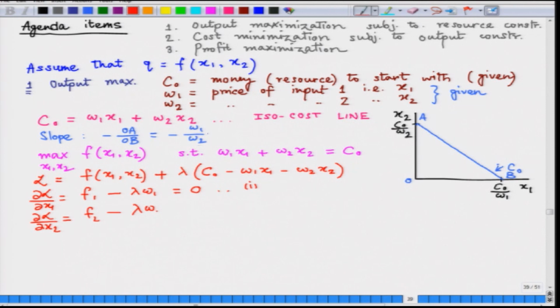So, this f1 and f2 are basically the first partial derivatives with respect to the input levels, and lastly we have to take the derivative with respect to the Lagrange multiplier as well to enforce the equality of the budget constraint. Right.